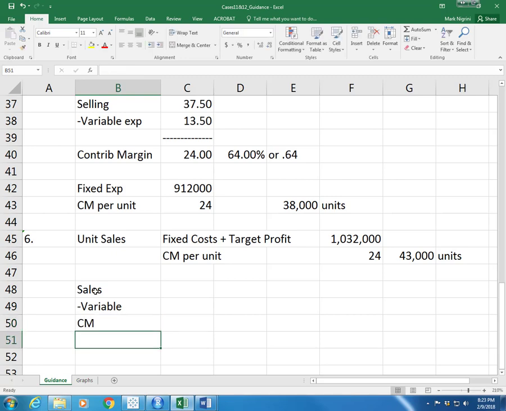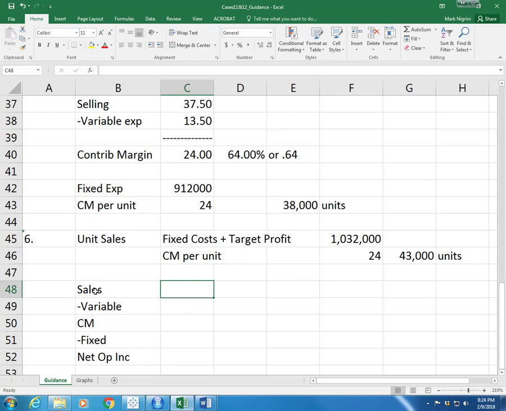I'm then going to deduct fixed, and I'm going to get net operating income. So we have to do a little arithmetic here. Okay, where are we? The new plant is constructed, and we do 40,000, just like before.